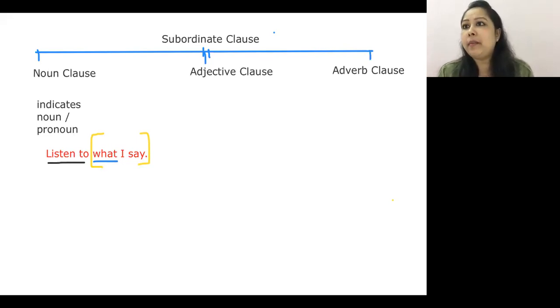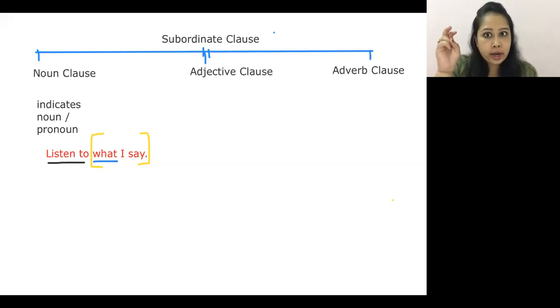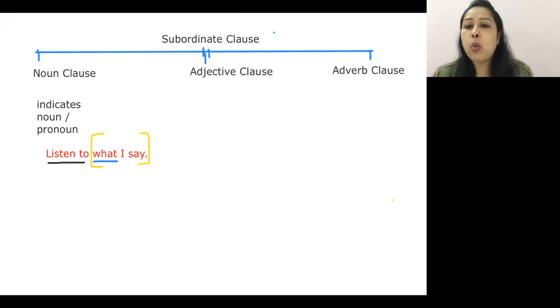"Listen to" is my main clause. Now I would frame a WH question. Last class, yesterday itself, you learned about WH questions. Everybody, you revised WH questions. So I would ask a WH question, what, to my main clause.